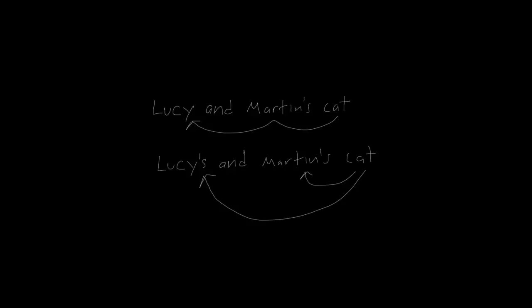Now, the last thing that I want to look at really is a very special case in terms of apostrophes that are used for expressions of time. What you do is you add apostrophe S for a single time period, for example a year or a day. Let's take a look at an example.